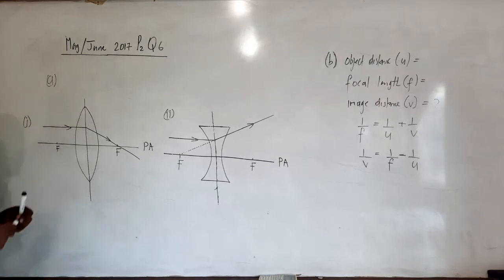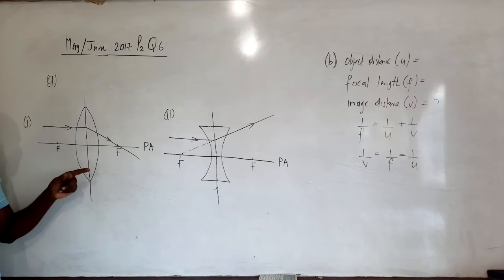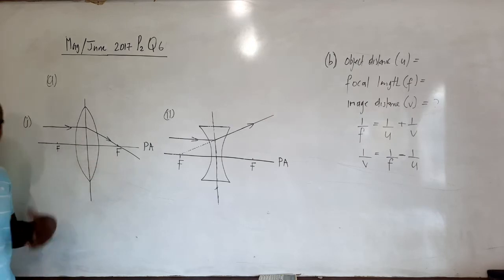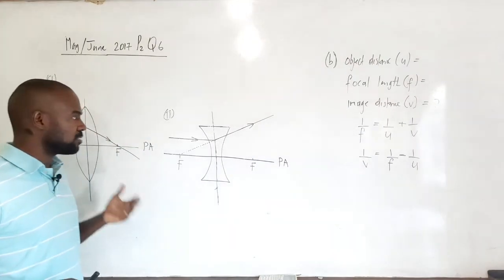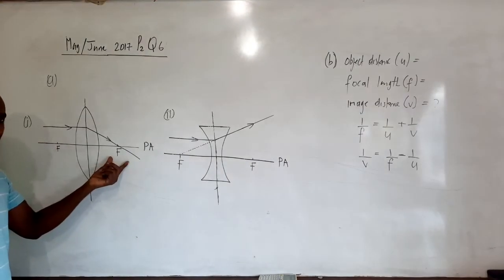A ray of light which is incident parallel to the principal axis will be refracted so that it passes through the principal focus.